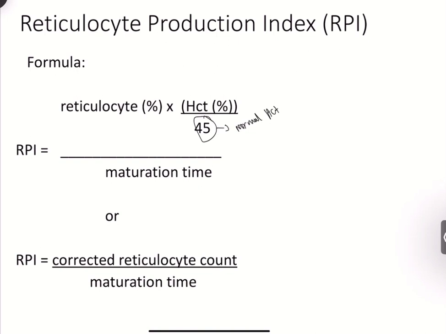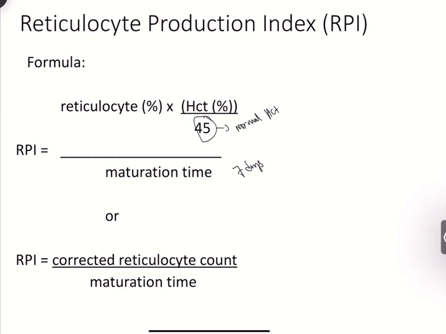So, what is the maturation time for your RBC? It is 7 days. From undifferentiated cell up to RBC takes 7 days before it matures.